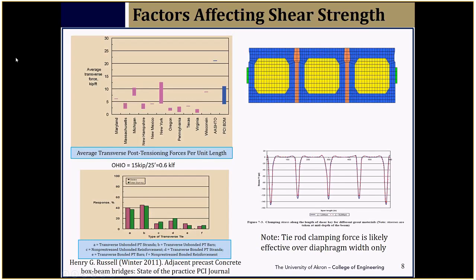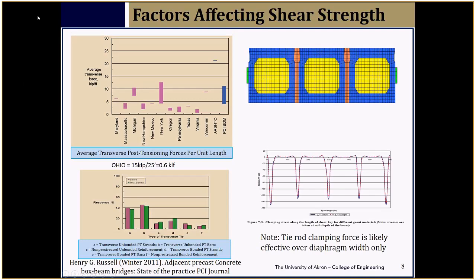In the bottom picture here, what you see is the tie force along the length of the beam. So on the top you have the cross section, on the bottom you have the longitudinal section, which is along the length of the beam, and you see local peaks. These local peaks were determined from finite element analysis, and these peaks are really confined only to the diaphragm location.